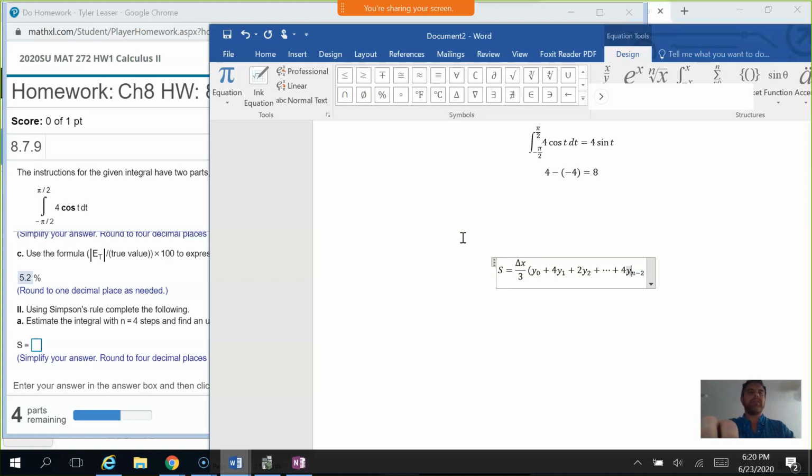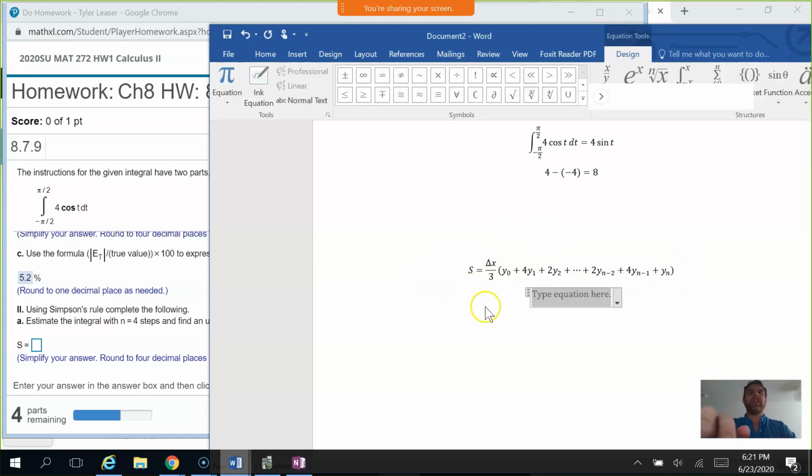No, sorry, 2. 2 times the second to last one, plus 4 times the next to last one, and then plus just the last one. All right, so I know that formula is kind of awful looking the way it's written up, but it's just the algorithm for it.